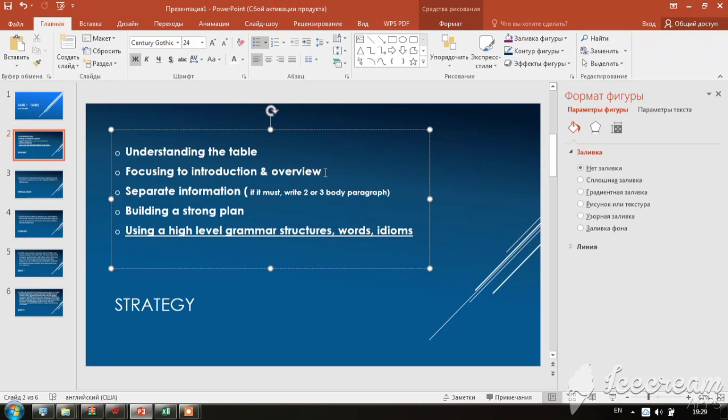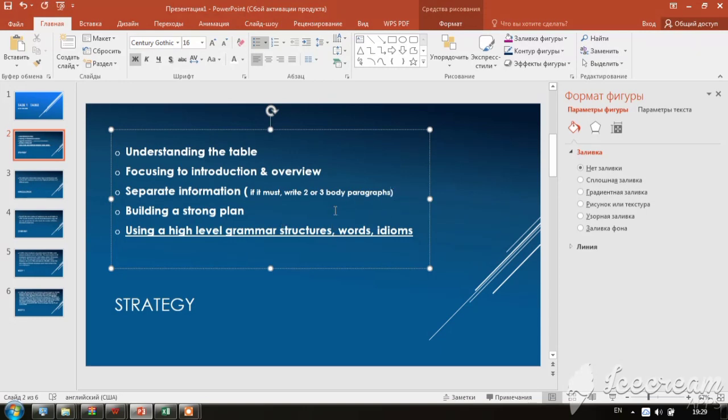If your body is 5 or 5.5, and your introduction and overview are 6 or 6.5, your overall Task 1 grade will be good and will increase. And the second task: we should separate the information into 2 or 3 body paragraphs.